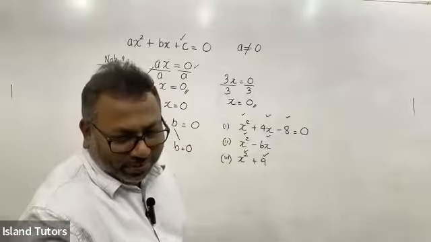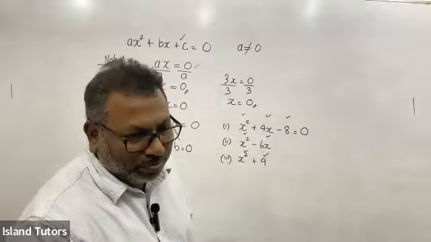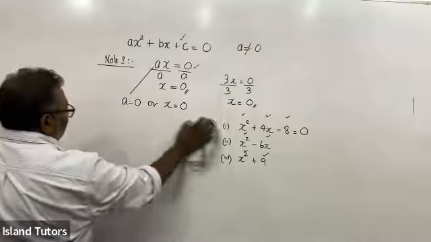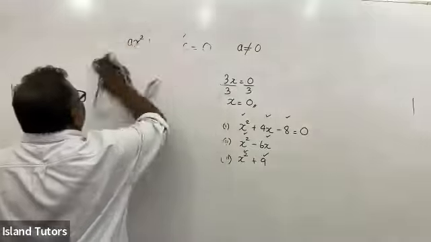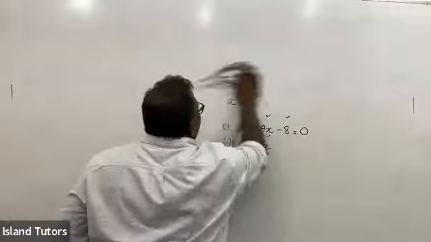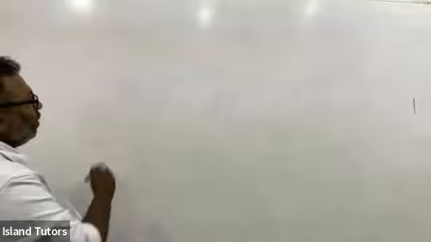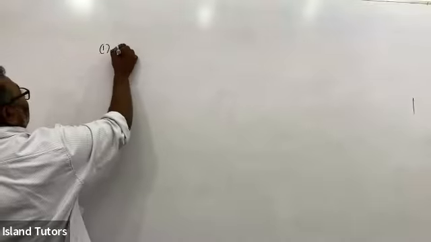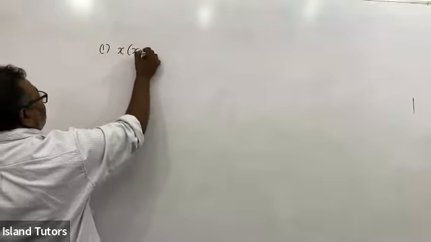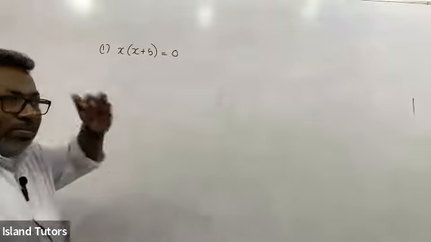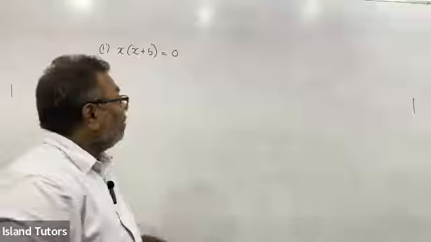Okay? So let's look at the first few. Solve the following quadratic functions. And the first one, we look at it. X into x plus 5 is equal to 0. Right?